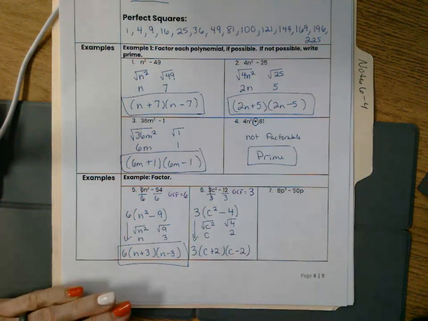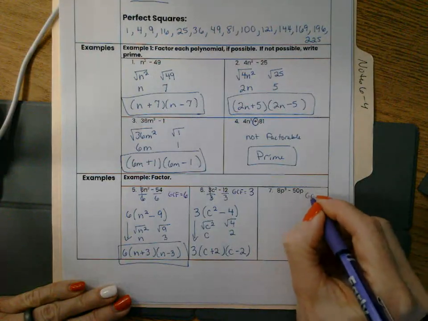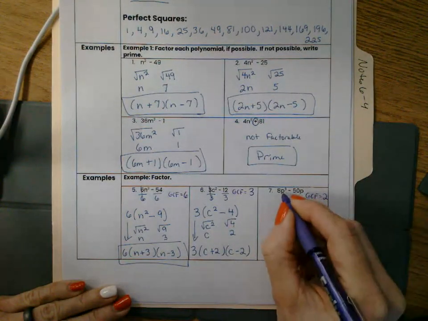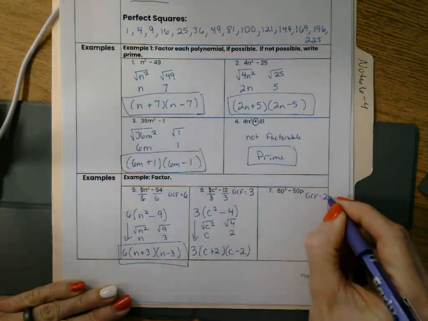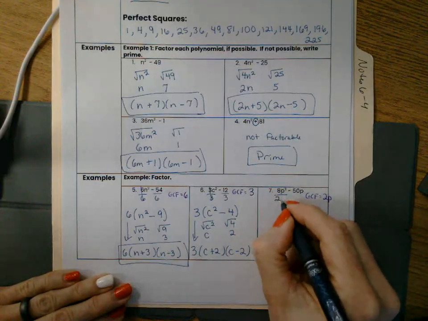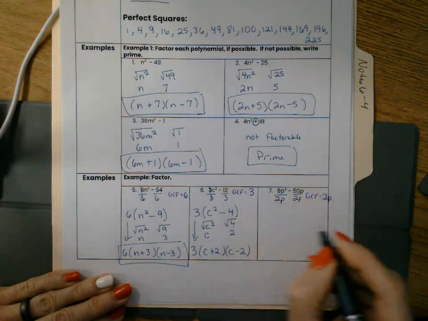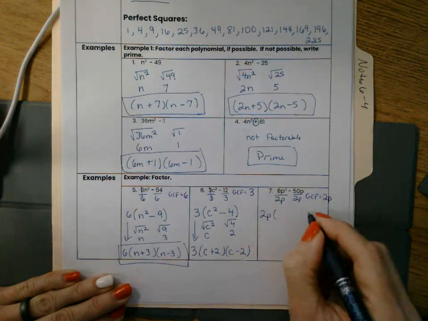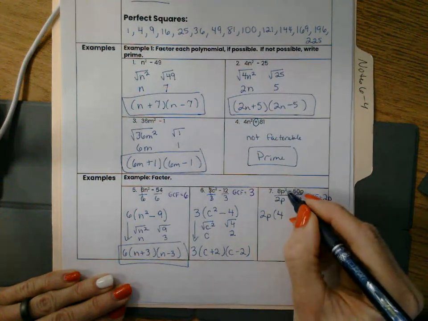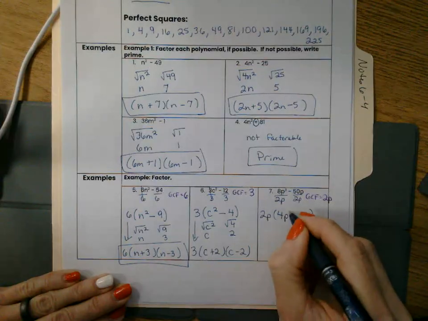Last problem. Find that GCF. The number that goes into both those is a 2, and they both have a p. So we're going to factor out a 2p. So divide by 2p. That goes first. 8 divided by 2 is 4. If you subtract these p's, you're left with p squared.